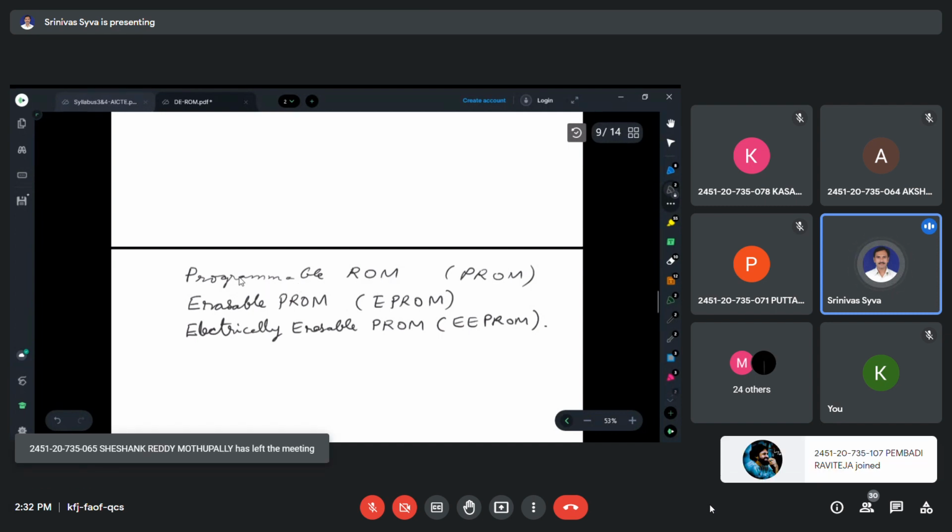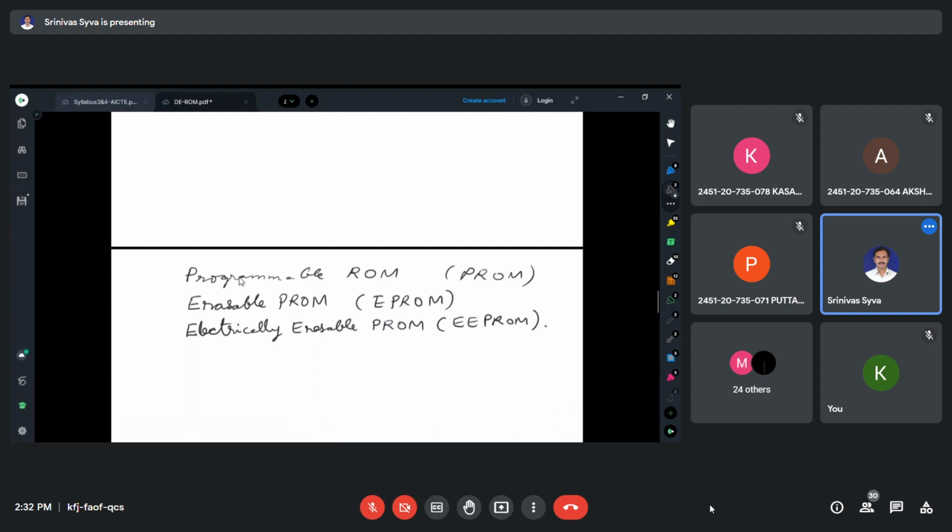Sometimes at the time of ordering itself, the user can provide the bit pattern to be stored inside the ROM to the manufacturer.